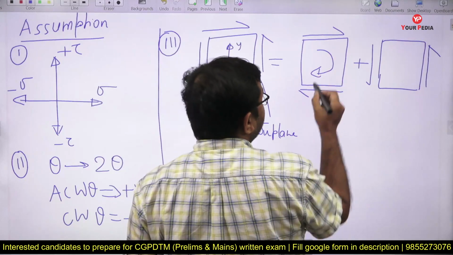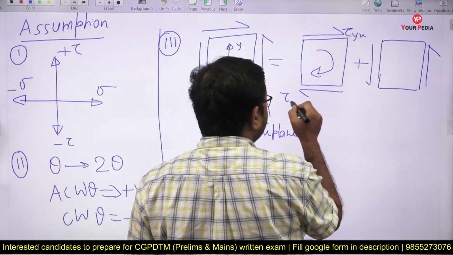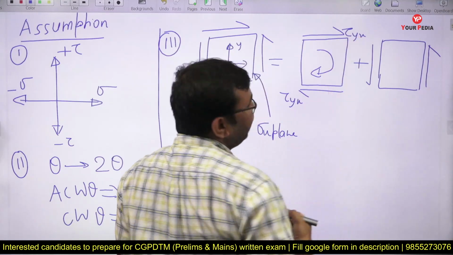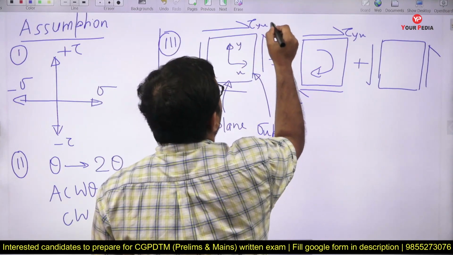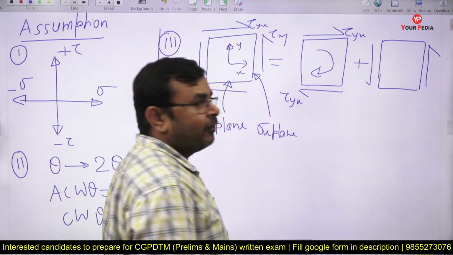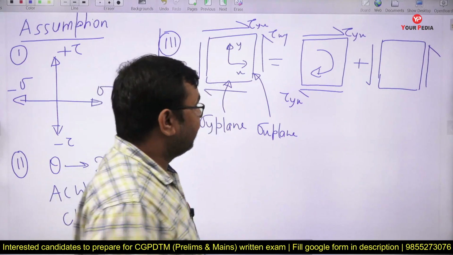This shear stress is tau yx, the stress acting on the y plane in the x direction, and this is tau xy, although both are equal in magnitude and opposite in direction, because both are complementary shear stresses, yes or no.